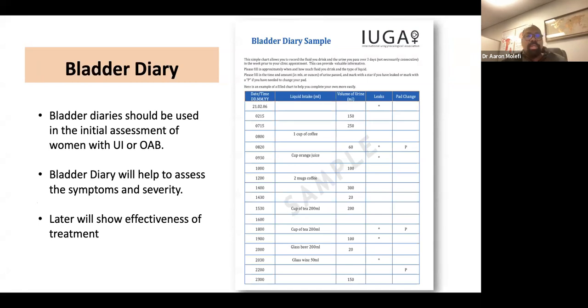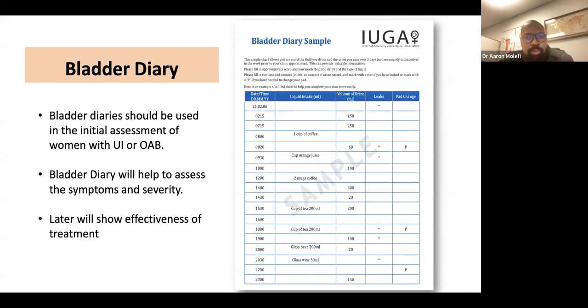And earlier on, I did mention the bladder diary. So what is it that is going to assist us with this bladder diary? When you go through the literature, they will recommend that it's better to do the 3-day profile of the urine. But it's been shown recently that a 24-hour quantification will be able to give you the result of what's happening to this bladder, right?